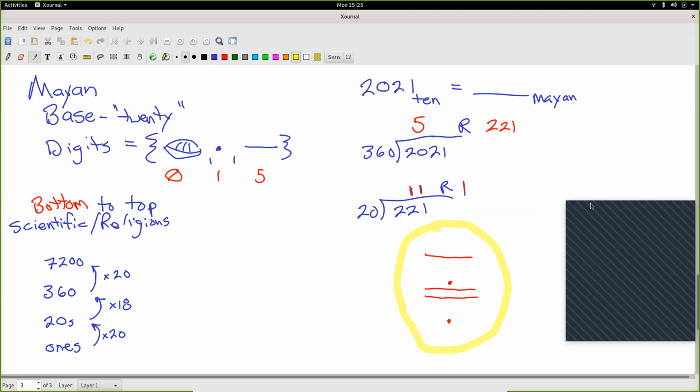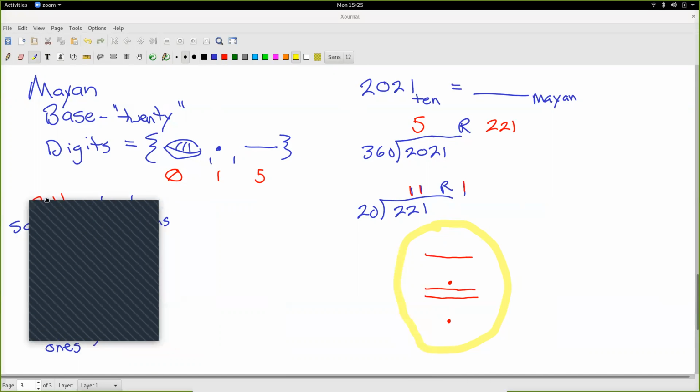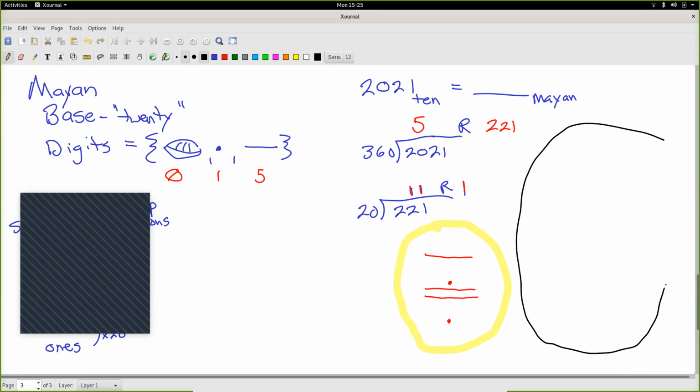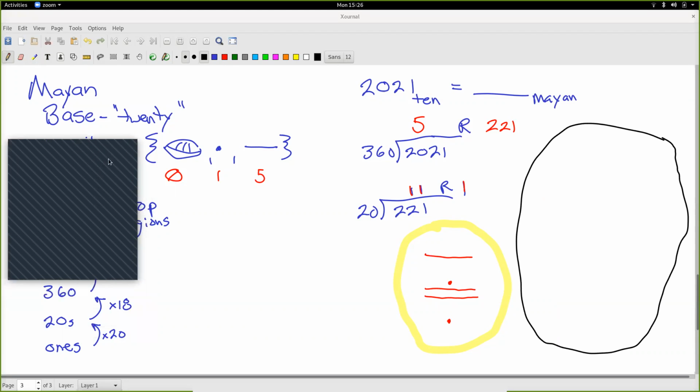Okay, so next, let's look at the other method I talked about, which was the repeated division method. So the way that one works, I need a different color. How about black? So I'm going to squeeze it in over here. Is you consider these multiples that happen as you move through the places.